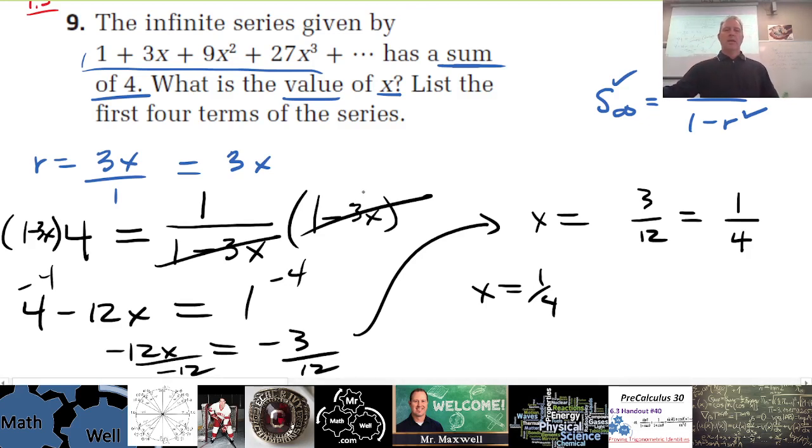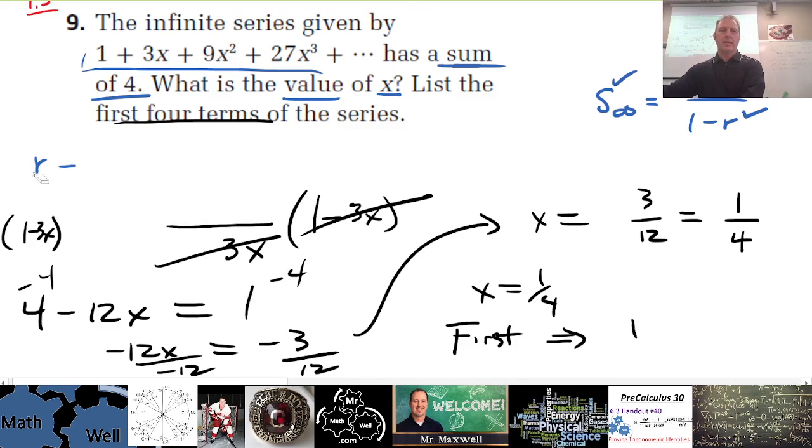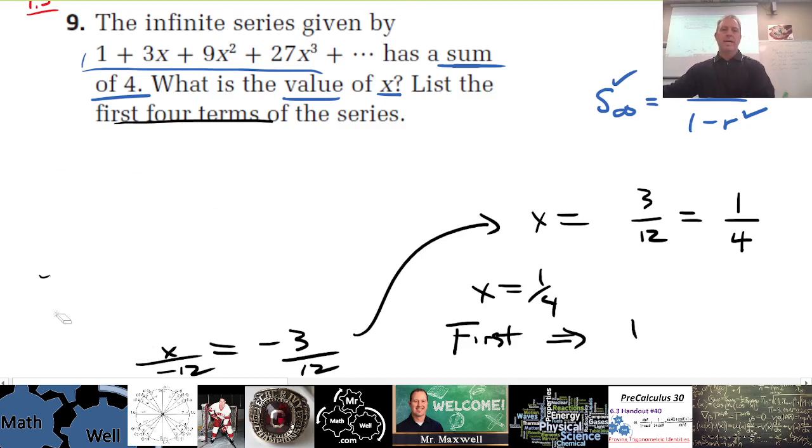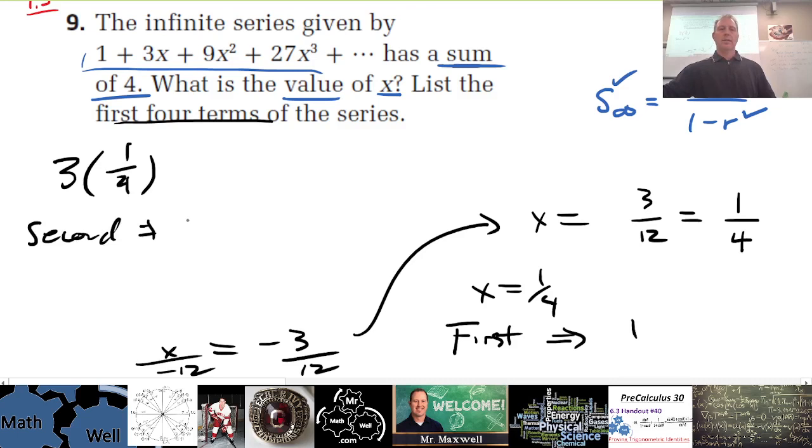Okay. So if x is 1/4, what are the first 4 terms now? Well, the first term is 1. The second is easy. It's going to be 3 times our x value that we just found, 1/4. So the second is 3/4.